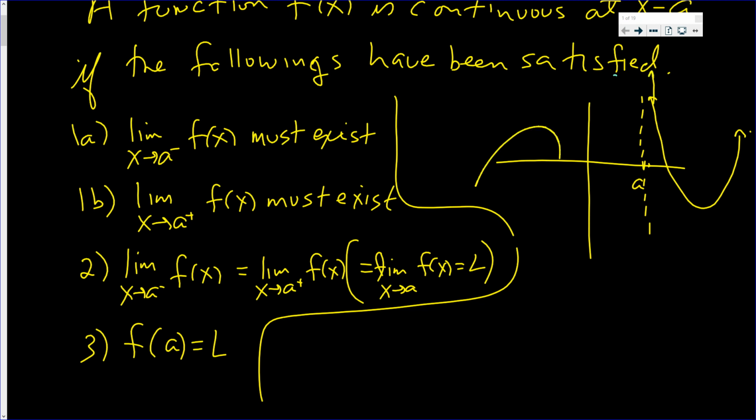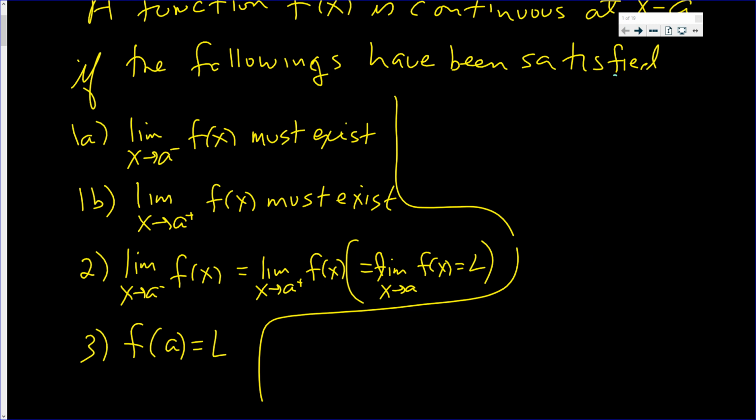But for the rest of it, it's fine. Actually, it can have an open circle here. But because it failed 1b, you can't graph this without lifting your pen. I have to lift my pen right now to continue. So that's where the graph cannot be continuous, because it failed 1b.